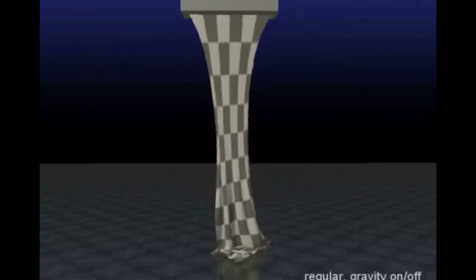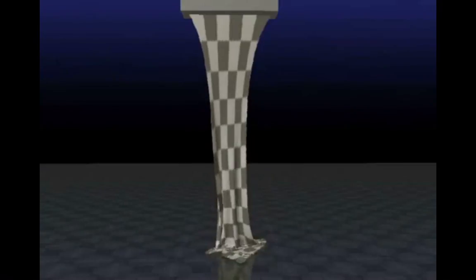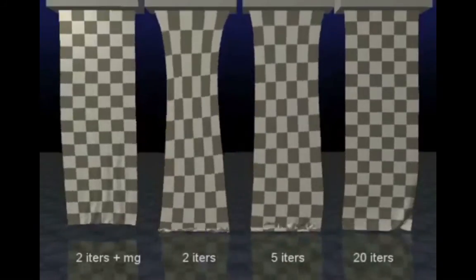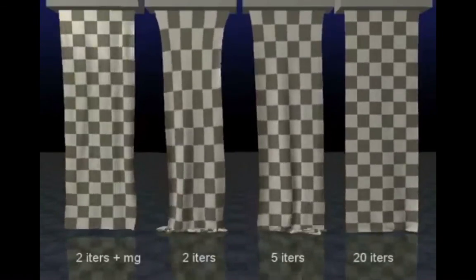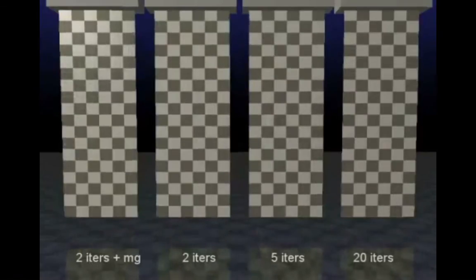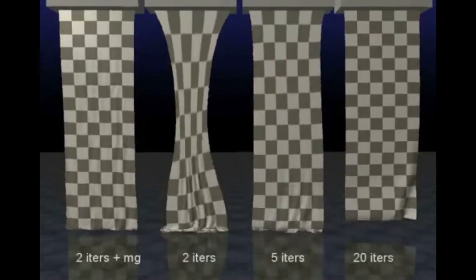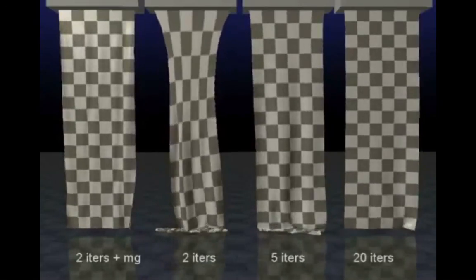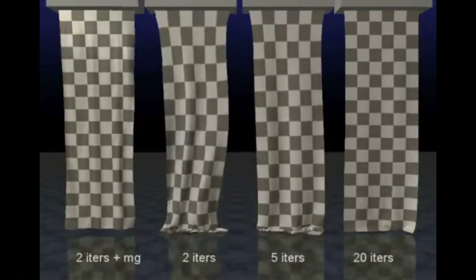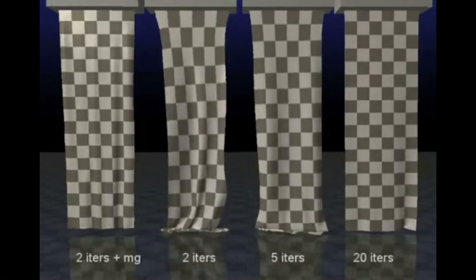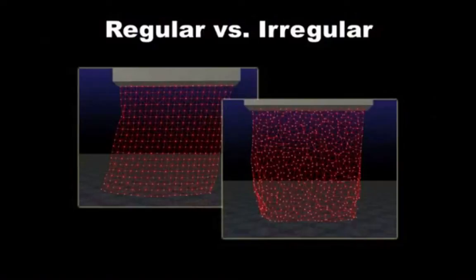Yeah, this is standard PBD. If you don't give it enough iterations, then the cloth becomes really stretchy. See? And as you increase the number of iterations, it's getting stiffer and stiffer. But of course, it costs more and more, right? Because an iteration means a sweep through all the constraints, which is slow. So instead, hierarchical PBD only takes 2 iterations and it's faster.